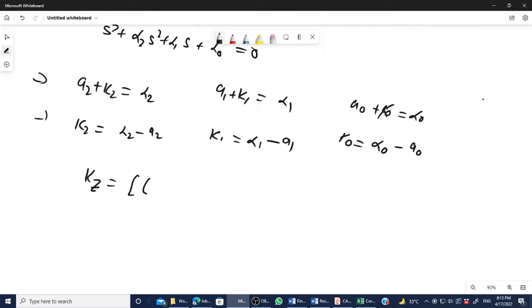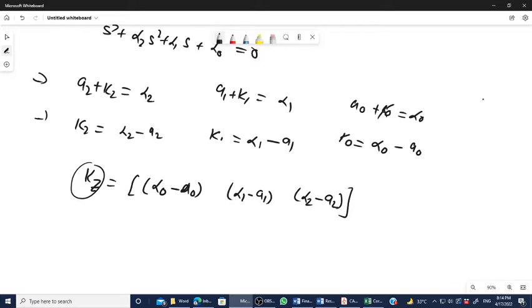So Kz is your alpha0 minus a0, alpha1 minus a1, and alpha2 minus a2. This is your K0, K1, K2. But it is your Kz, not K. Now you have to convert again, transform back into the real form.